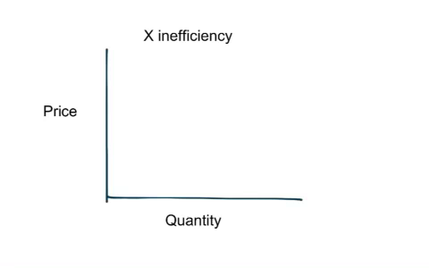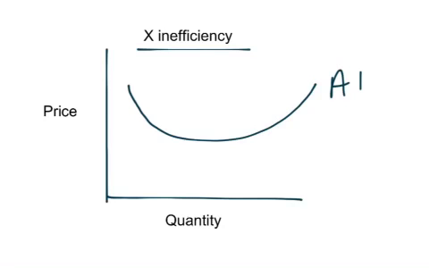Okay, so stay with me. This is the last graph that we're going to do, which is showing the concept of X inefficiency. And for this one, it's a little bit simpler in that we're only going to show this using the ATC. So if we think about what we've talked about, a firm that is in perfect competition, right, can be producing at the low point of the ATC, that is, we're going to label price 1.